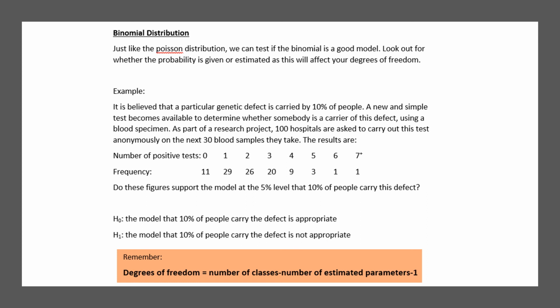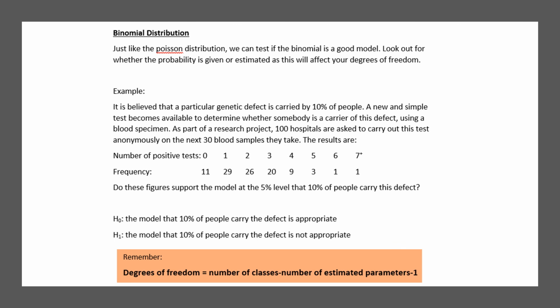So you've got to remember when you're doing the binomial for this that n is 30 and p is 0.1, or a tenth, and when we get our expected values we're going to multiply the probability by 100 in order to get the expectation. Okay, so we're going to test at the 5% level whether 10% of the population carry this defect.